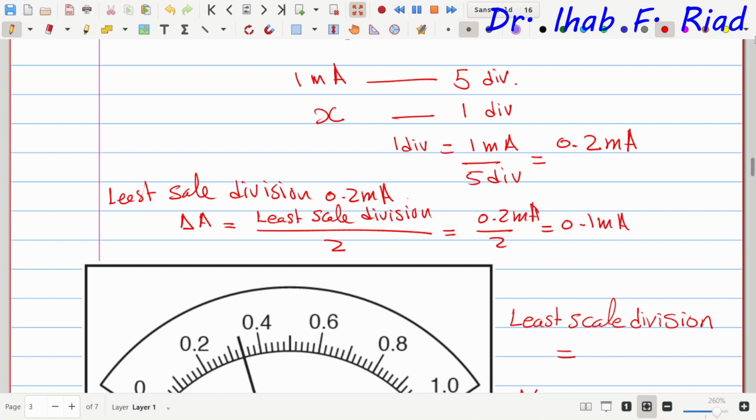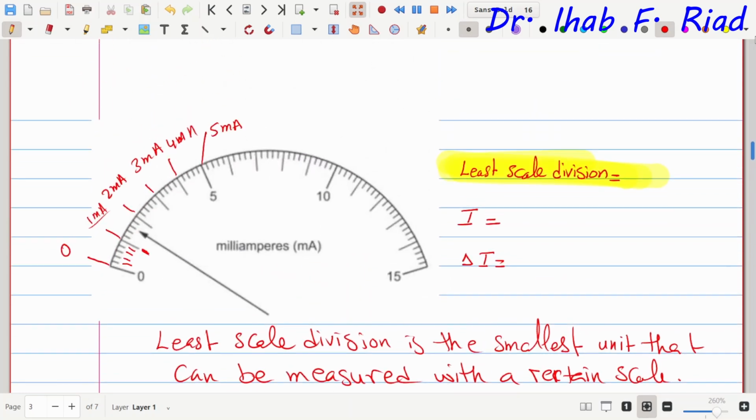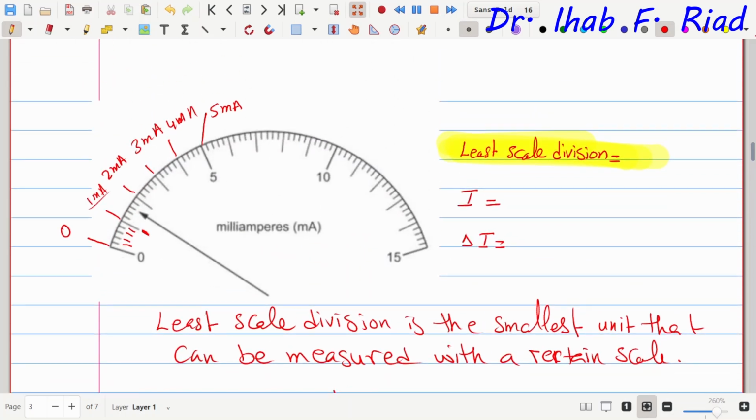So in conclusion, any measurement that you are going to take with this milliammeter is going to be uncertain with a value of 0.1 milliamp.